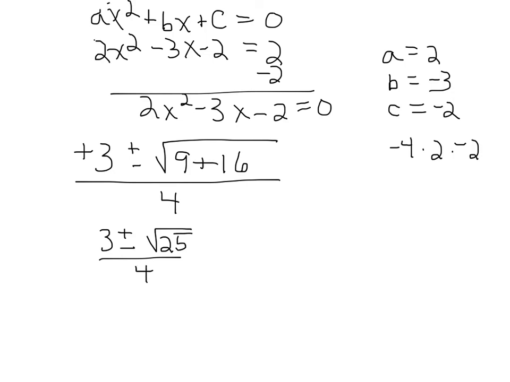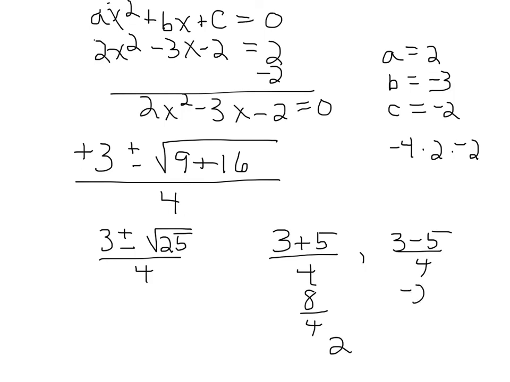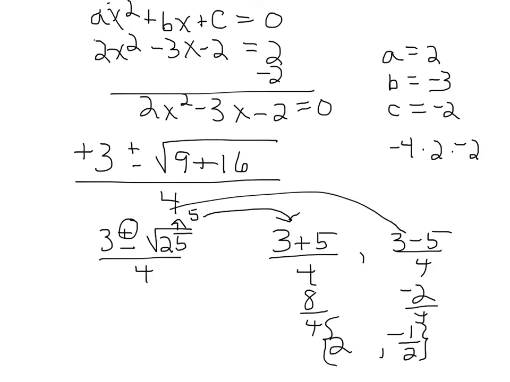Well, we can see that the square root of 25 is 5, so my two solutions are 3 plus 5 over 4 and 3 minus 5 over 4, making this 8 over 4, or 2, and this negative 2 over 4, or negative 1/2. And in general, because this is a solution set, it will be in brackets. Just to make sure that you know what I did here, square root of 25 is 5, and therefore this goes over here as a plus, and over here as a minus. And that, my friends, is the quadratic formula.